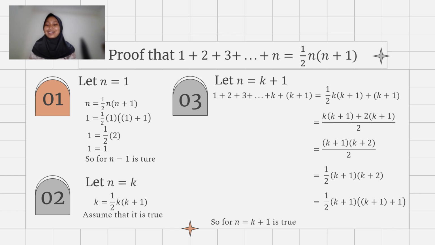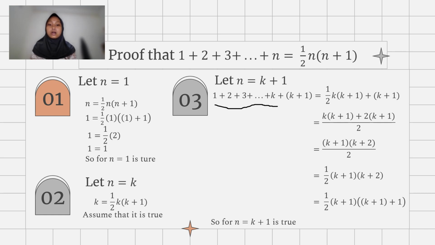Okay, next, let n equal to k. So we get 1 plus 2 plus ... plus k equal to 1 over 2 times k times (k plus 1). Assume that it is true. And the last, let n equal to k plus 1. So we get 1 plus 2 plus 3 plus and so on until k plus (k plus 1) equal to, we know that this statement is equal to 1 over 2 times k times (k plus 1).